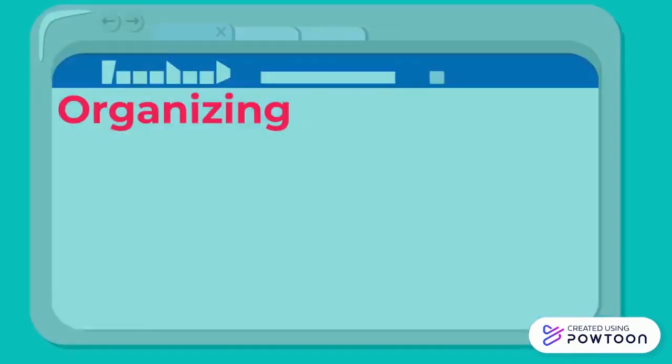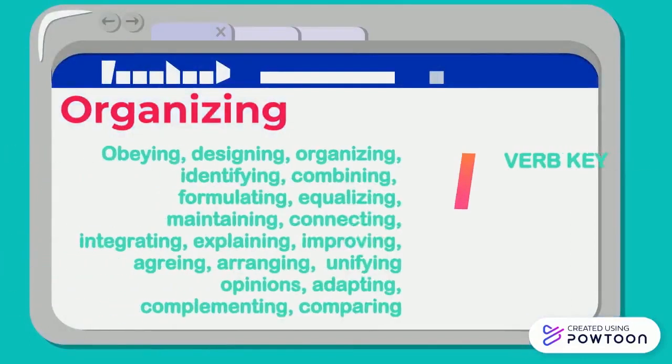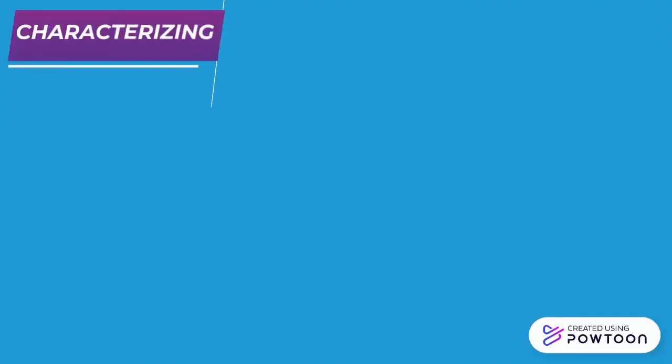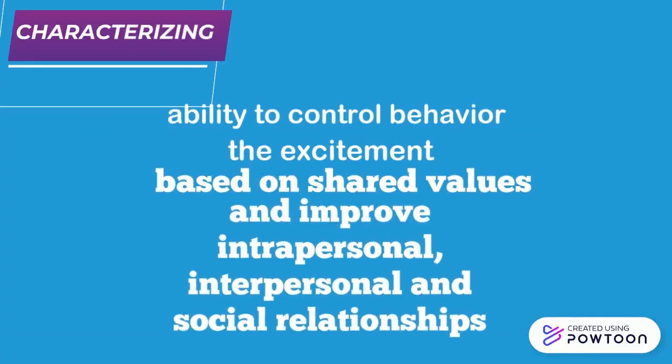The verb keys of organizing are obey, design, organize, identify, combine, formulate, equalize, maintain, connect, integrate, explain, improve, agree, arrange, unite opinions, adjust.